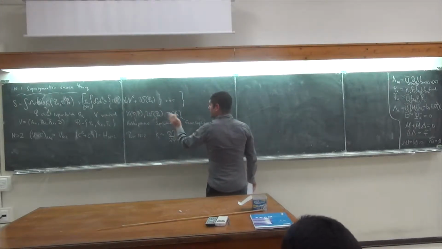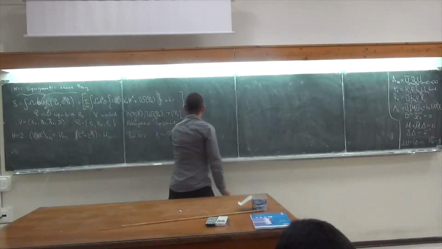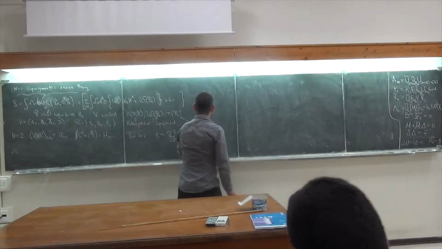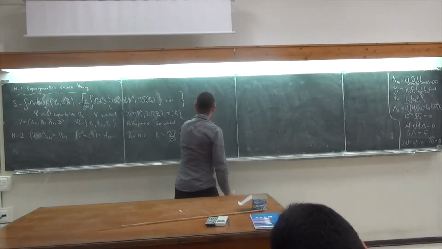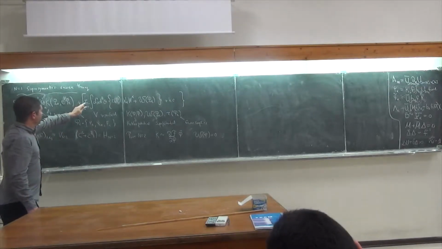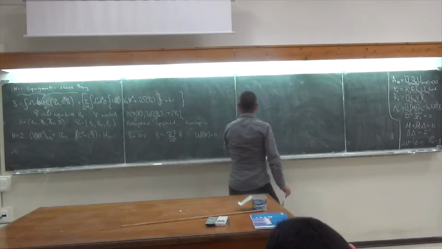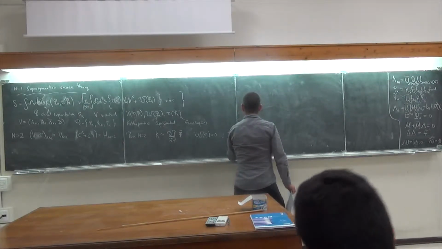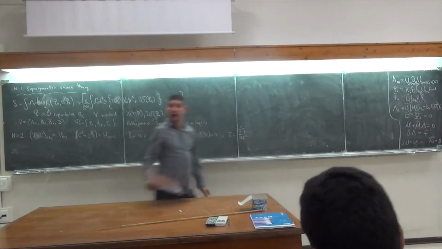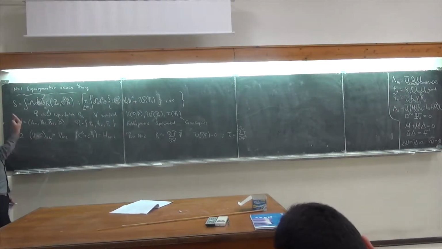And tau is tau of phi, and W is equal to 0. And tau is the second derivative of F. Pure N=2 means a theory that contains just a vector plus one chiral.